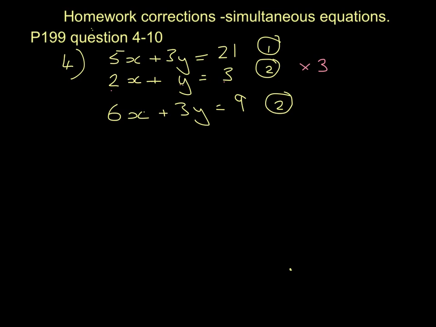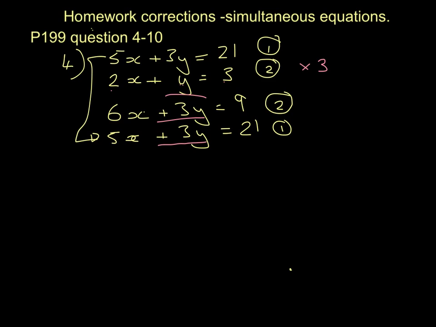I can now bring down my equation 1, 5x plus 3y equals 21. That was my equation 1 from here. And now I'm going to look at where my coefficient of y is 3y and my coefficient of y here is the same. So we've got those the same.